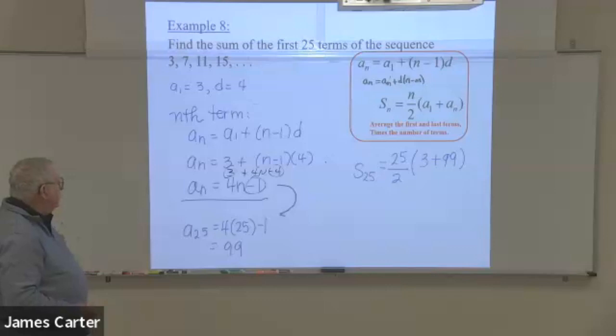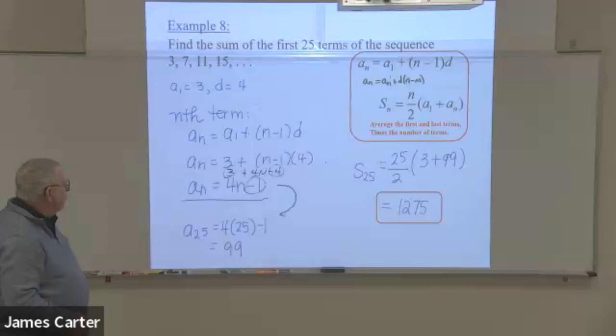Well, here we're just going to substitute and solve. 3 is the first term, 99 is the last term, and 25 is the total number of terms, and we're going to divide by 2. Okay, 3 plus 99 is 102. Half of 102 is 51. 51 times 25 is roughly 670 or something.